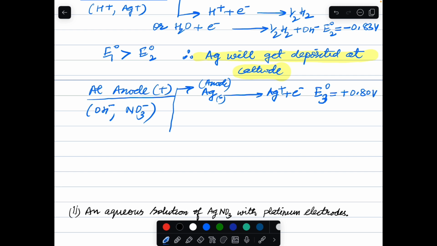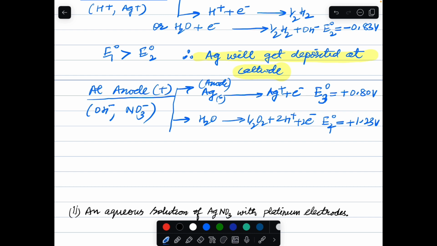Okay, now for the second reaction, because we are having OH minus ion, therefore we will be having oxidation of water. So H2O gives half O2 plus 2H plus plus 2 electron. This is oxidation of water, and E4, for example, for this is plus 1.23 volt.